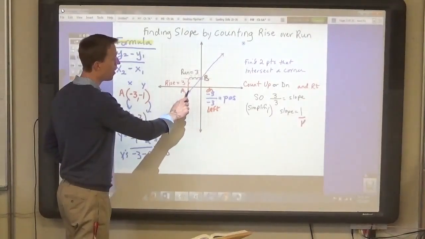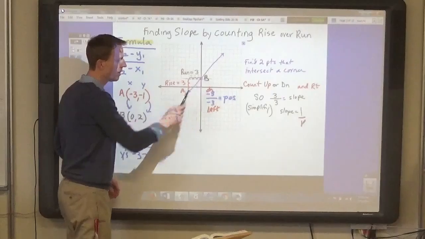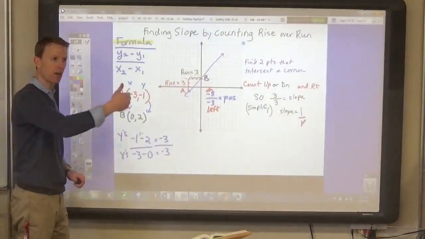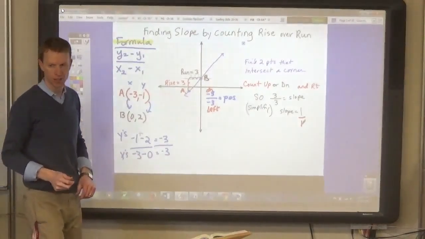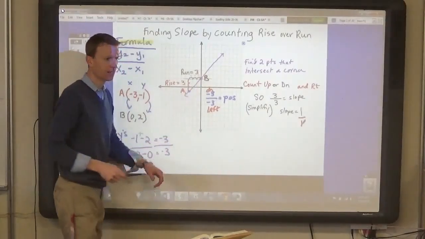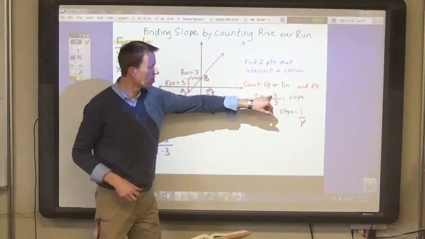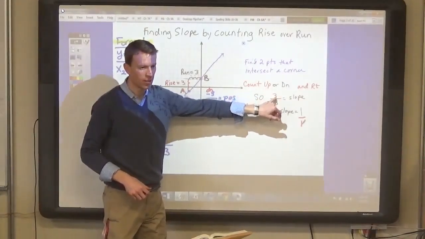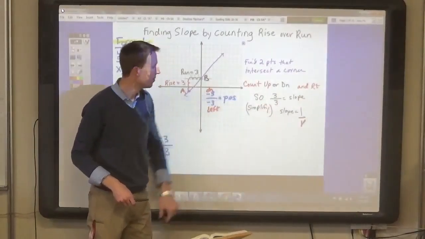You count the rise, meaning that you count up or down from one point to the other, and then you count how far over it is, because it's called the rise over the run. So the rise from A to B, it goes 3 up. So it's a change of 3. And from there, if you count over to B, it's over positive 3. So it's 3 over 3.